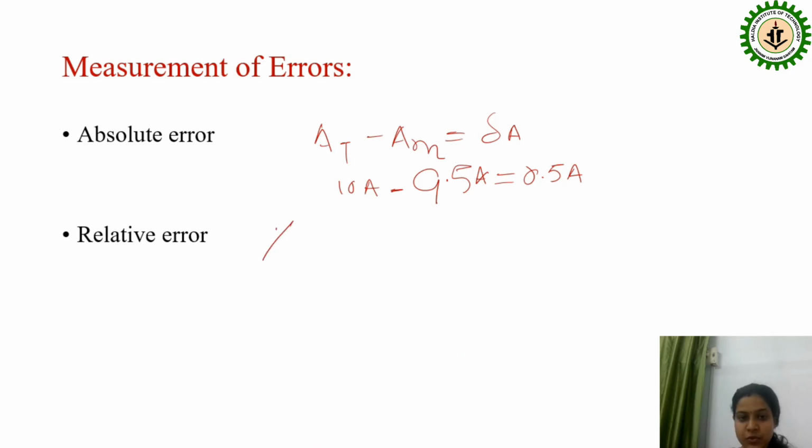The percentage relative error, denoted by epsilon r, is the difference between the true value and the measured value with respect to the true value, multiplied by 100%. This is called relative error.